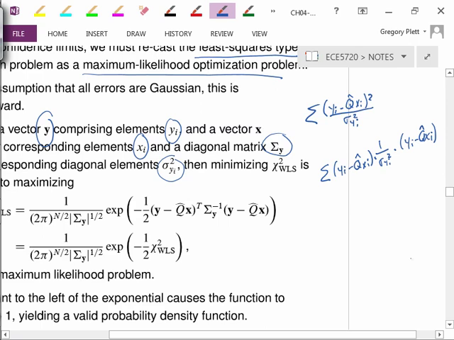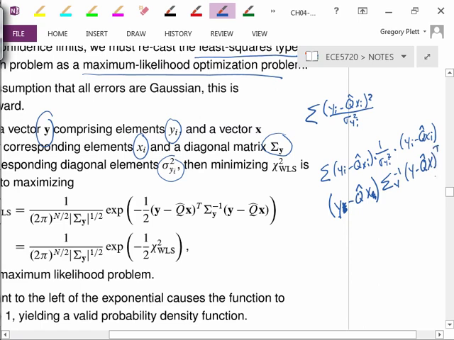So I've broken the square up into two parts, and that summation can then be written in vector form as the vector y minus q hat x, then sigma y inverse, and then y minus q hat x transpose.